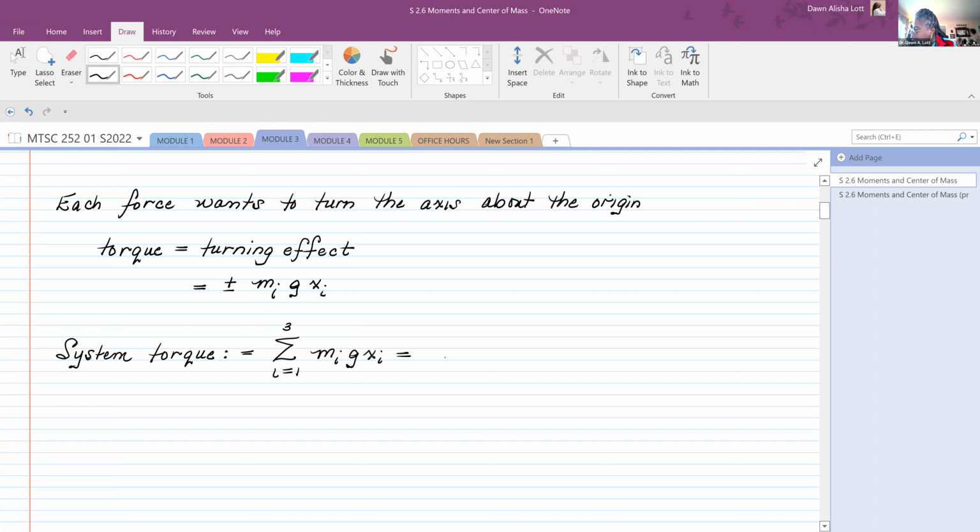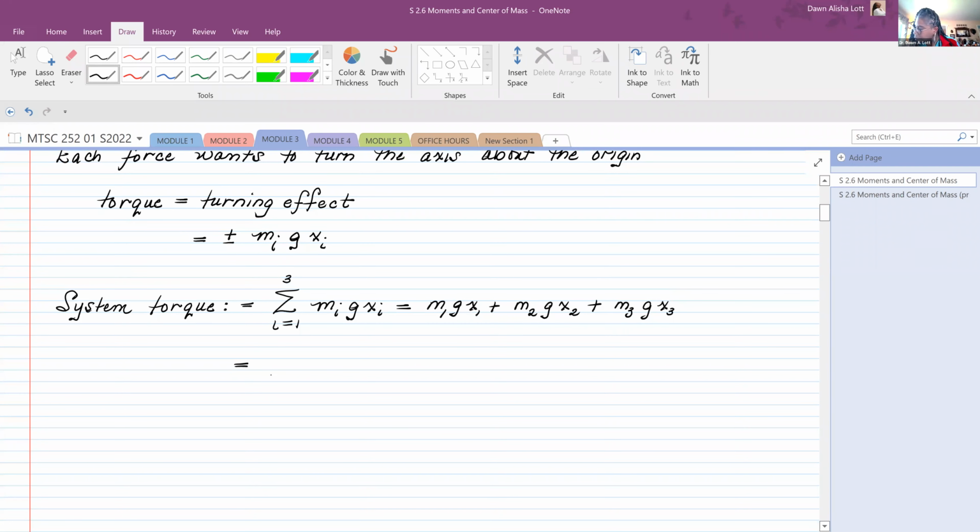So this will be m1 g x1 plus m2 g x2 plus m3 g x3. All right, so I can pull the g out, and I get the sum i equals 1 to 3, and the only thing that's left is mi xi. So that's g times m1 x1 plus m2 x2 plus m3 x3.